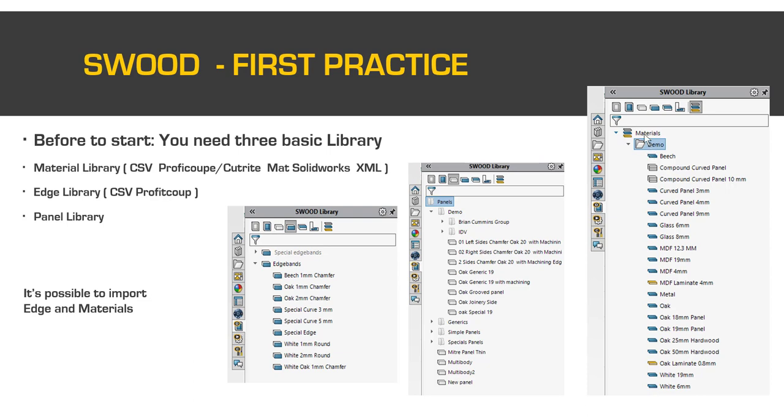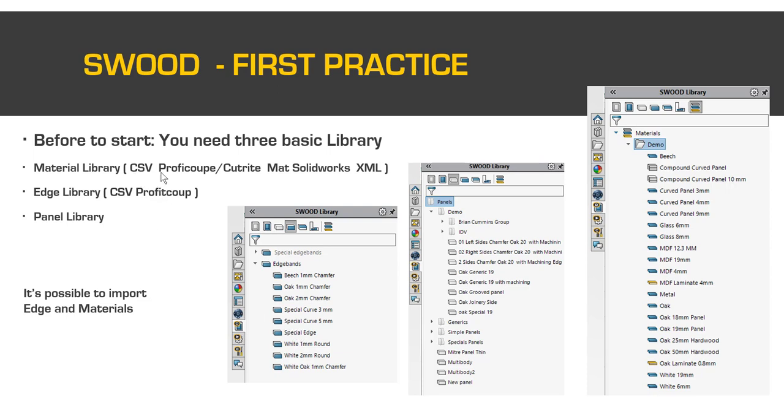You should be careful about the material library. Be sure you have the material library you need, and you can create your personal panel library, and you can have your edge library. These are the basic elements that you need to configure your furniture correctly.